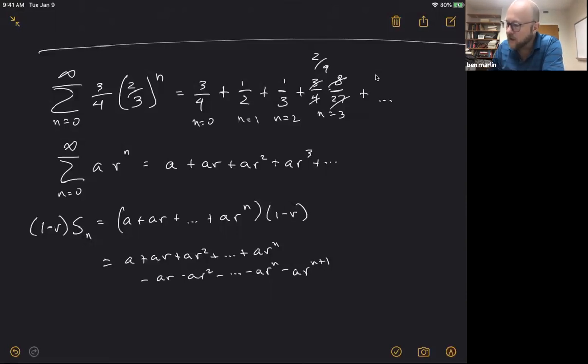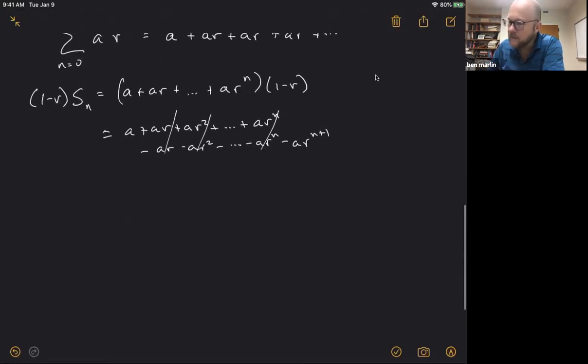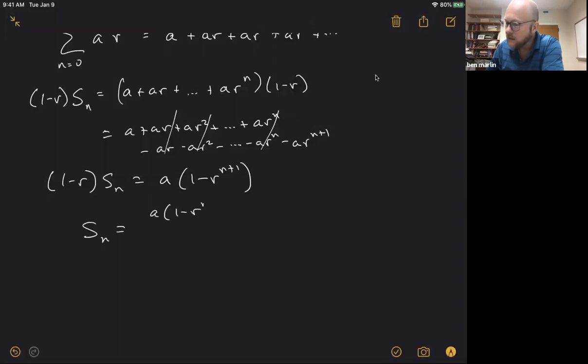And so you get all kinds of cancellation going there. And that means that 1 minus R times Sn is going to be A, I'm going to factor that out, times 1 minus R to the n plus 1. So Sn will be A times 1 minus R to the n plus 1 over 1 minus R.